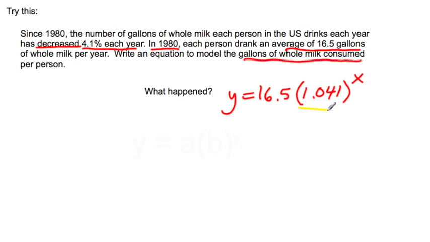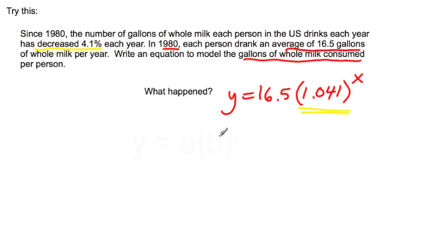Here's why. Let's take a look right here at the 1.041. The one thing to notice is that my amount has decreased by 4.1% each year. So if it's decreased by 4.1%, then how much remains each year?